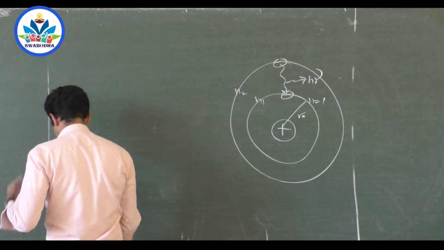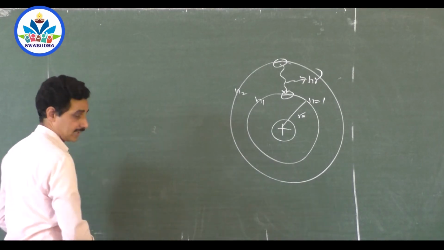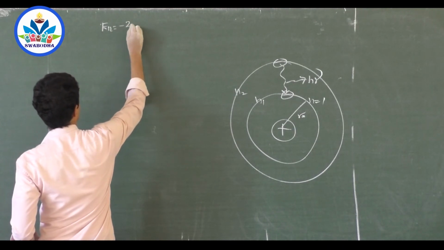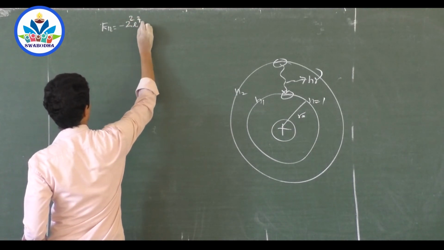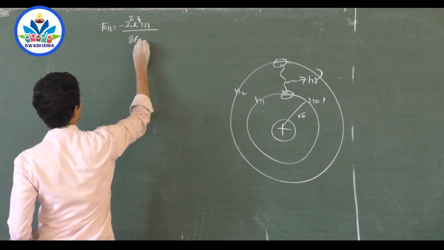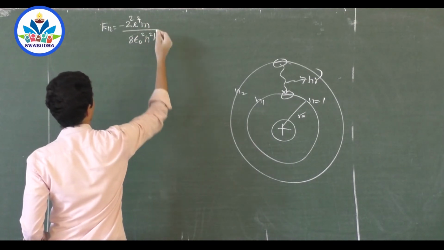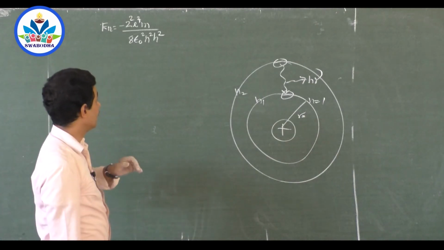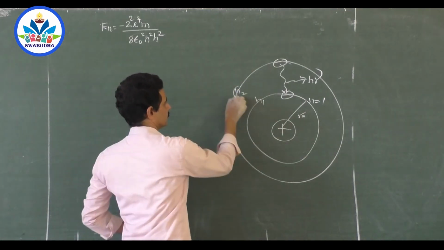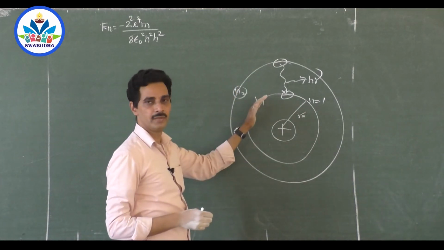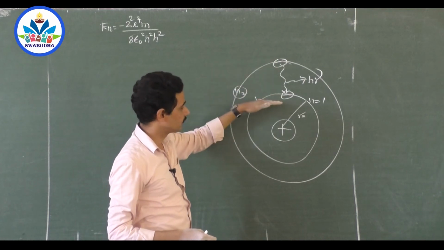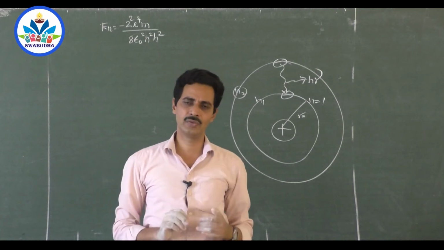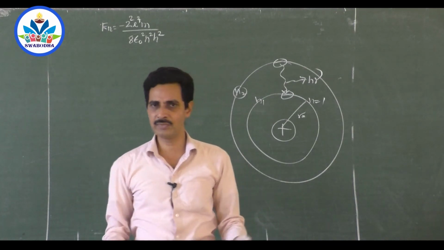You know the formula for energy of the electron in any nth state, that you have to remember. What is the energy of the electron in any nth state? E_n = minus Z square e to the power 4 m divided by 8 epsilon naught square n square h square. This is the energy in the nth state. Now, when the electron is in the higher orbit, n2, maybe 7 to 5, 3 to 2, 11 to 10, any transition. Electron may jump from any higher energy level to lower energy level, and that difference in energy must be given in some or other form.